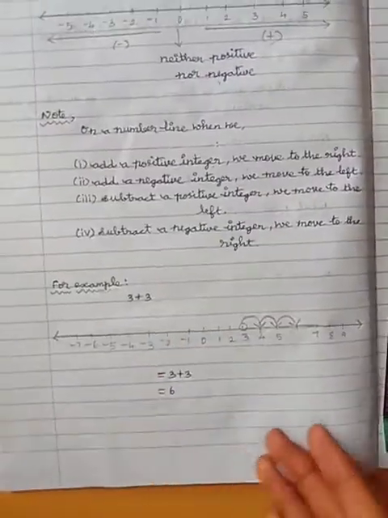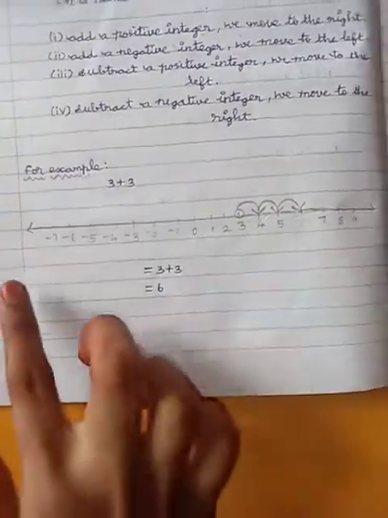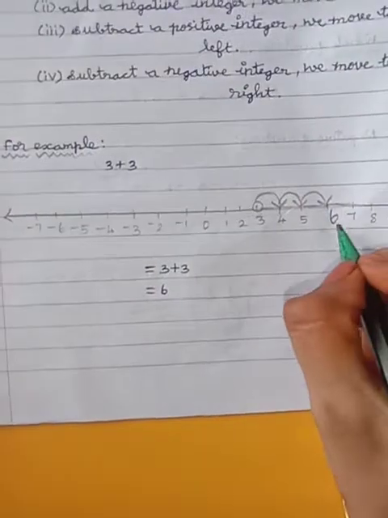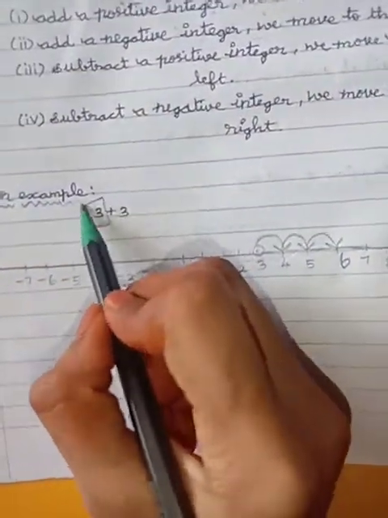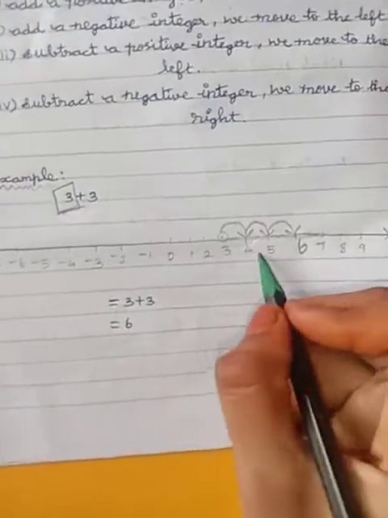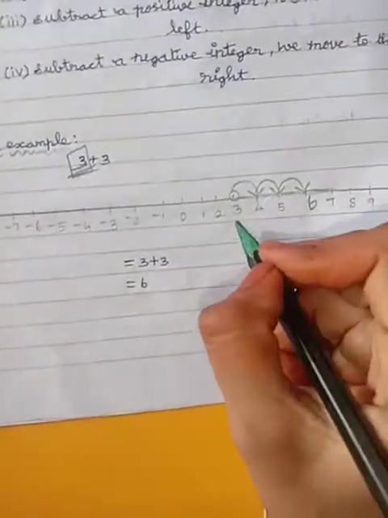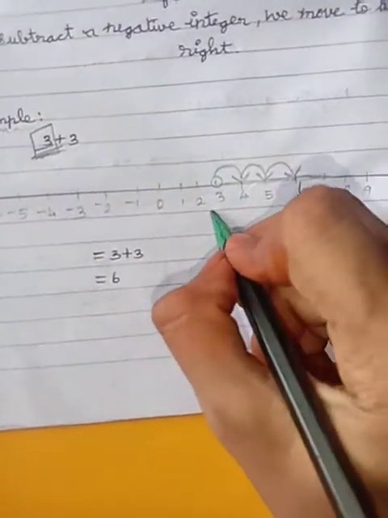So let's see some examples. Here they have given 3 plus 3, and I have put it on the line also. We first take the first number, so let's mark that 3. This is a positive integer, so we mark positive 3 on the positive side.